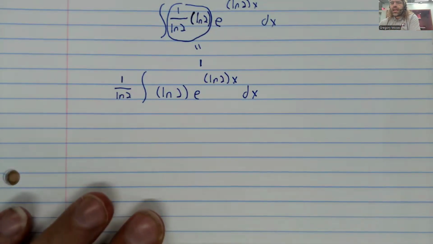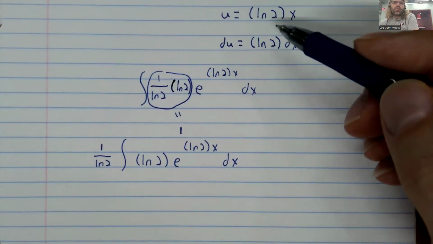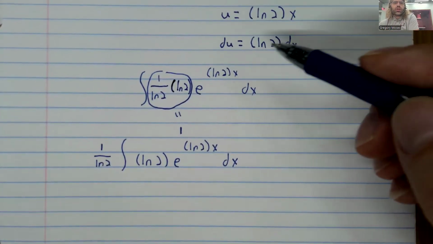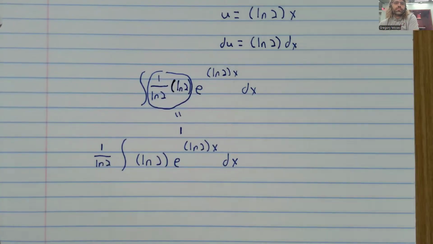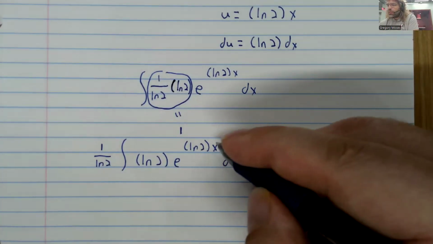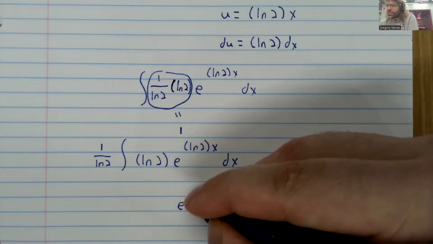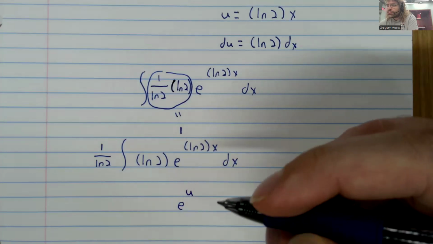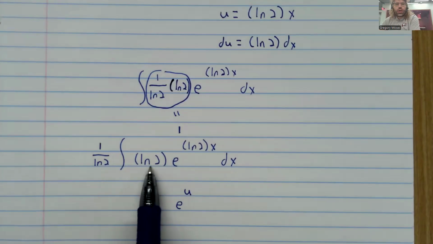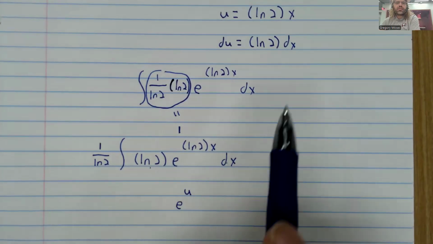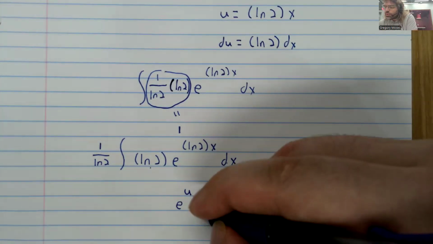And suddenly I have exactly what I need for this substitution to go through. E to the ln of 2x, that's e to the u. The natural log of 2 and the dx give me the du.